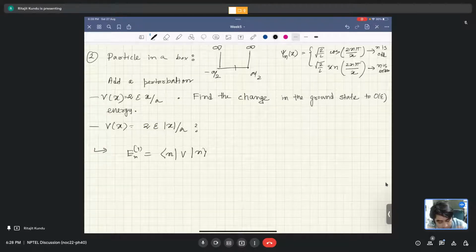If you write this in real space, this becomes the integral from minus a by 2 to a by 2 of psi n of x star, V of x, psi n of x dx.